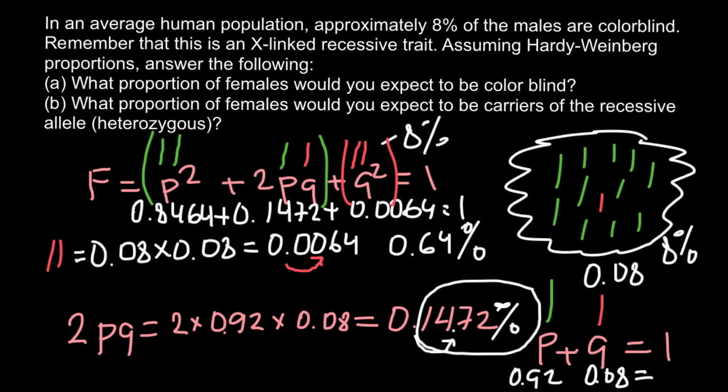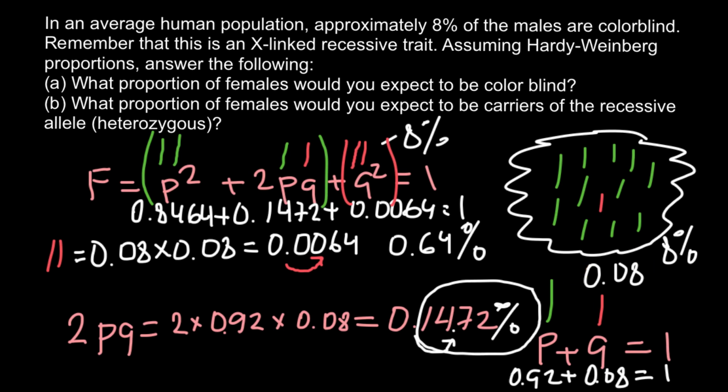And the last comment: you have to remember that females also may be affected with X-linked recessive genetic disorders, but this is going to be a product of the occurrence of this genetic disorder in males. For example, if we see 8% in males, in females we have to multiply this number by itself.